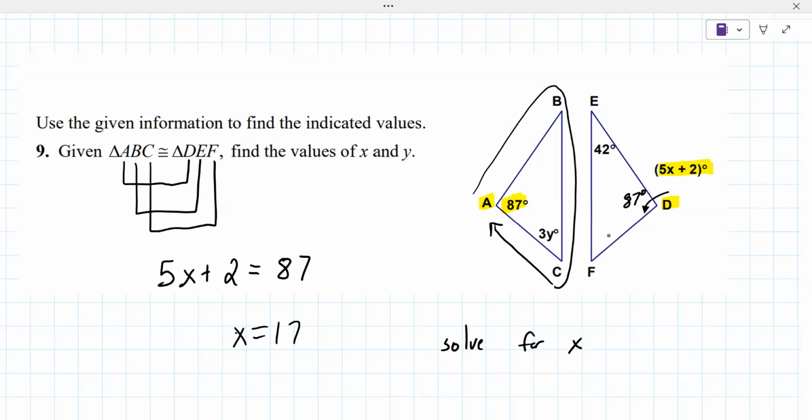49. Okay. So now, that's not correct. Try that one more time.